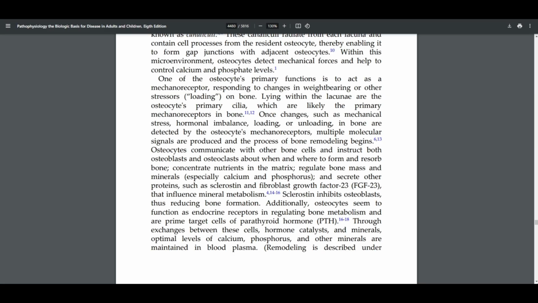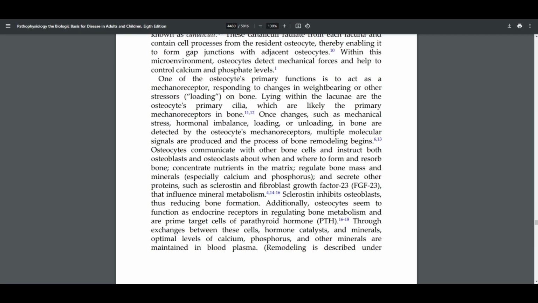Lying within the lacunae are the osteocyte's primary cilia, which are likely the primary mechanoreceptors in bone. Once changes, such as mechanical stress, hormonal imbalances, loading or unloading, in bone are detected by the osteocyte's mechanoreceptors, multiple molecular signals are produced and the process of bone remodeling begins.